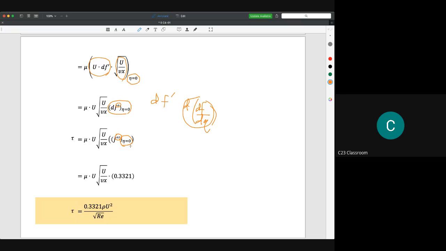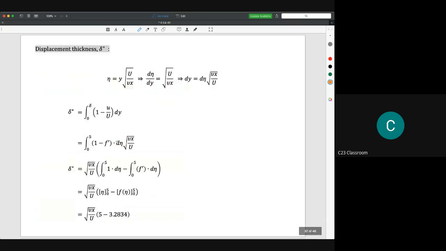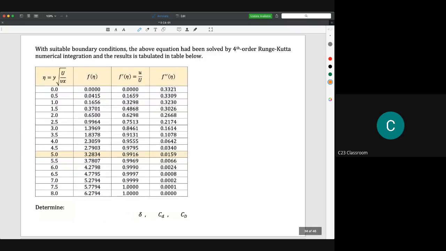We cannot solve this one mathematically, but we still need to refer to the table. So we refer to the table at eta equal to 0 for f double prime. If we see the table here, this is f double prime for eta, and at eta equal to 0, the value is 0.3321.